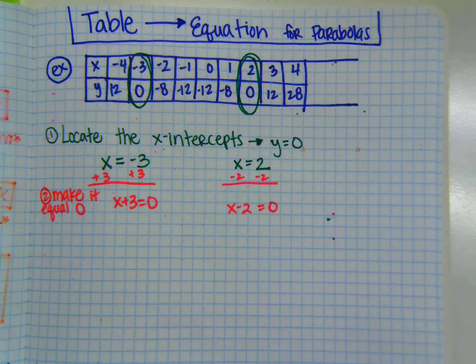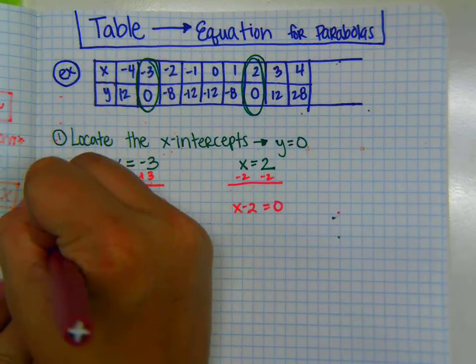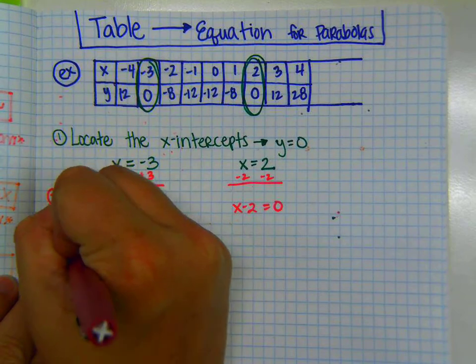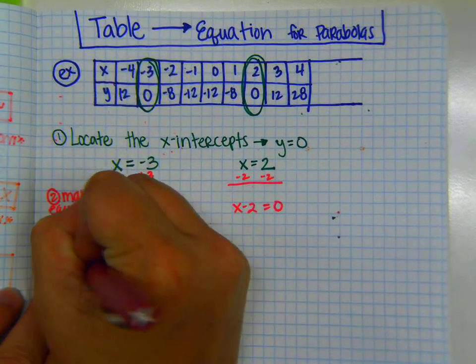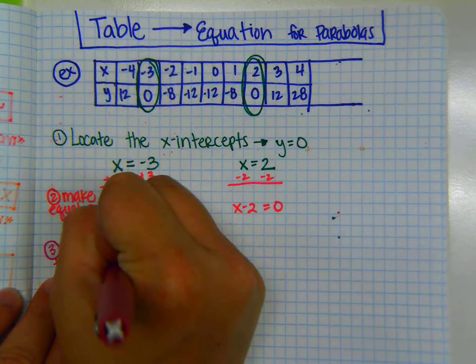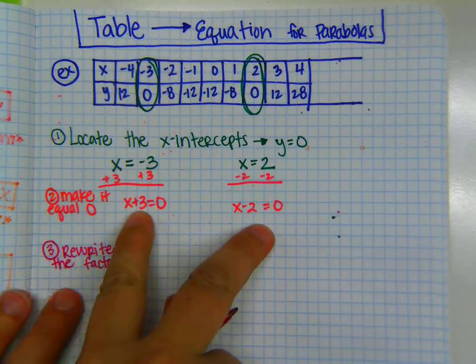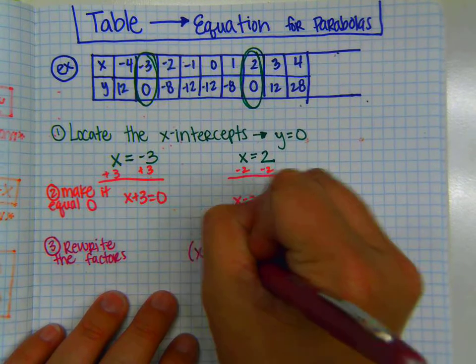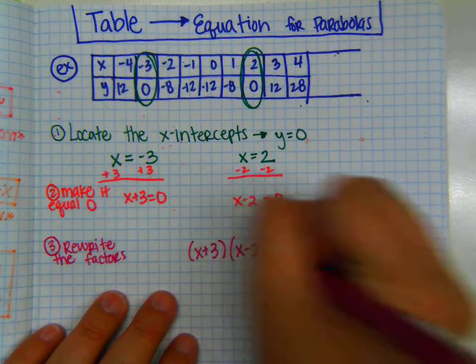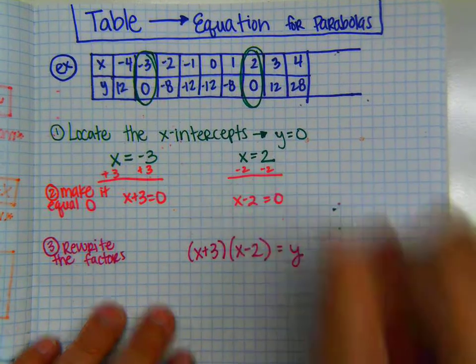Okay, so our third step is going to be to rewrite the factors, because these are your factors. We have x plus 3 and x minus 2 equals y.